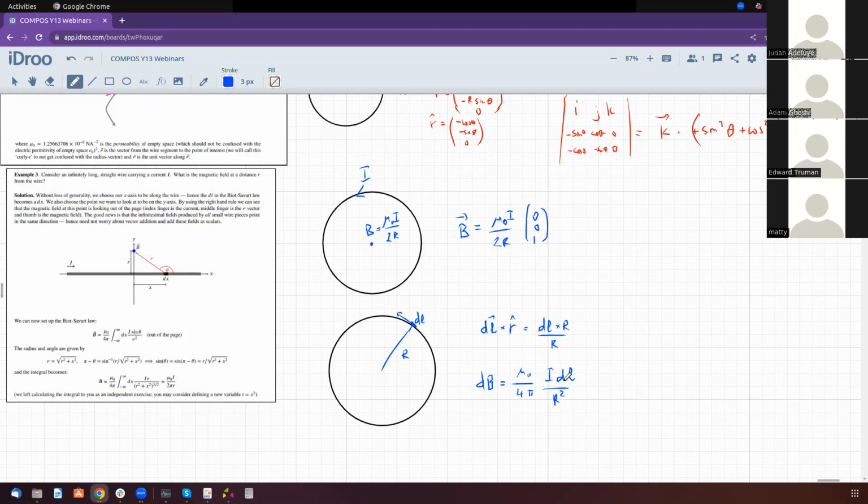Oh yeah, dl over r squared, and then you integrate that. You integrate that from 0 to 2 pi r, because that's the length of the thing.